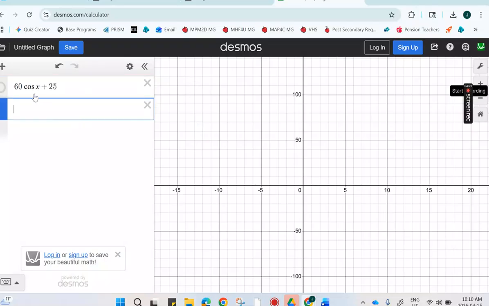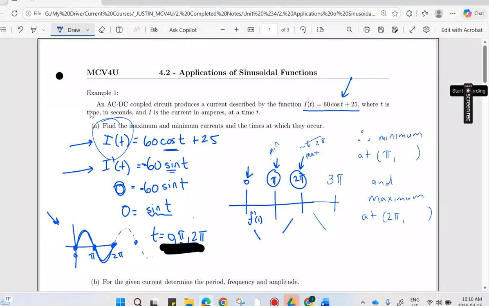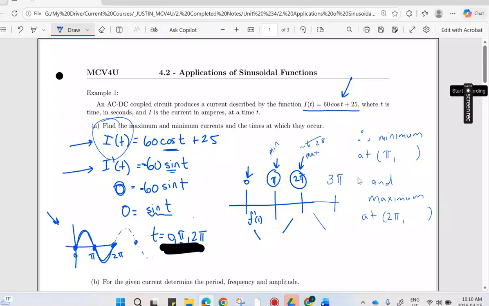So the original, which is right here: 60 cos, and instead of x, we have pi, which gives me negative 35 amps.